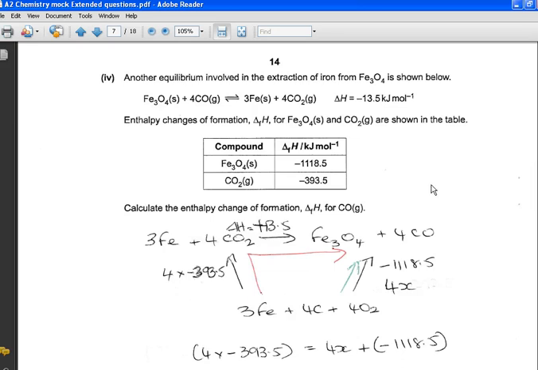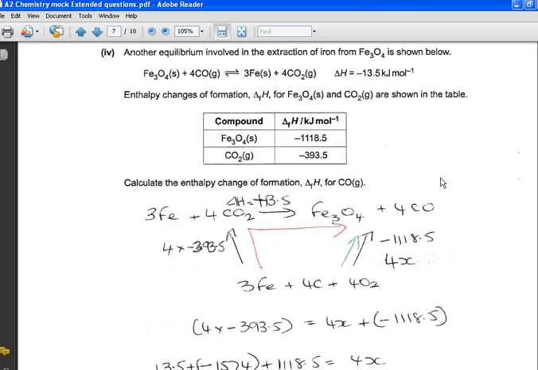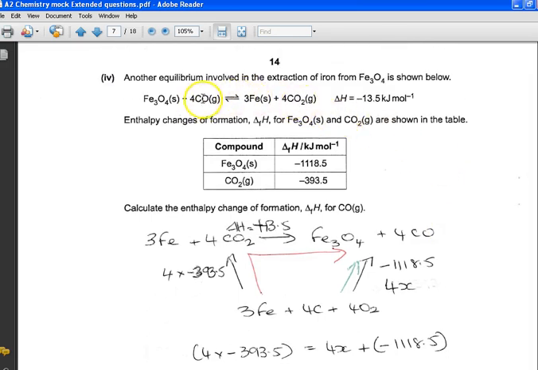Right, okay, now we're given another equilibrium where we're forming iron, and you're given some enthalpy change of formation data, and asked to calculate the enthalpy change of formation for carbon monoxide.